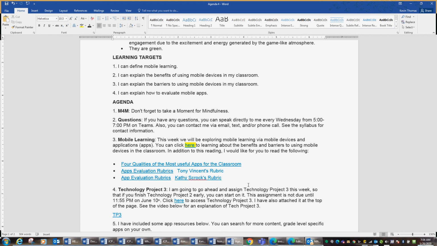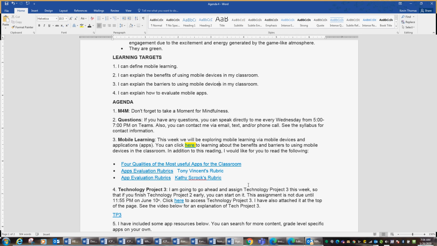And to be quite honest, I couldn't lay hands on the Harry Walker rubric, but it's okay because both the Kathy Schrock and the Tony Vincent rubrics are based on Harry Walker's, and they're a little more recent than his, so they'll be perfectly fine. Well, the reason we settled on Harry Walker's, it's not the most thorough, and again, like I said, Tony Vincent and Schrock's are based on that.